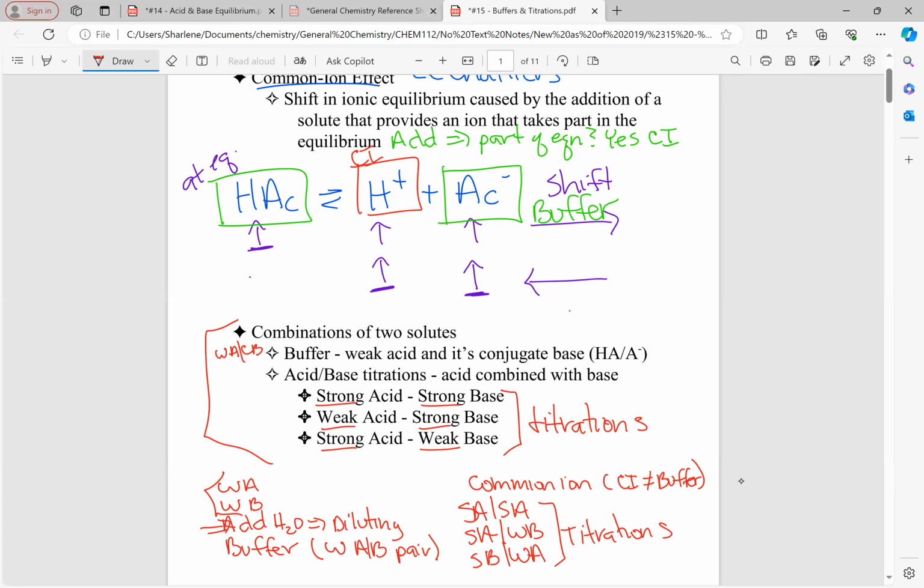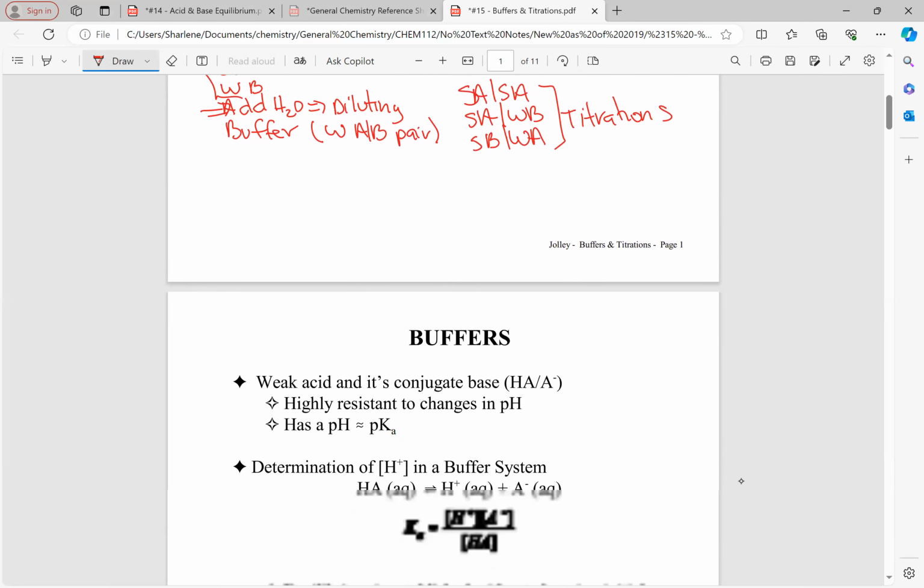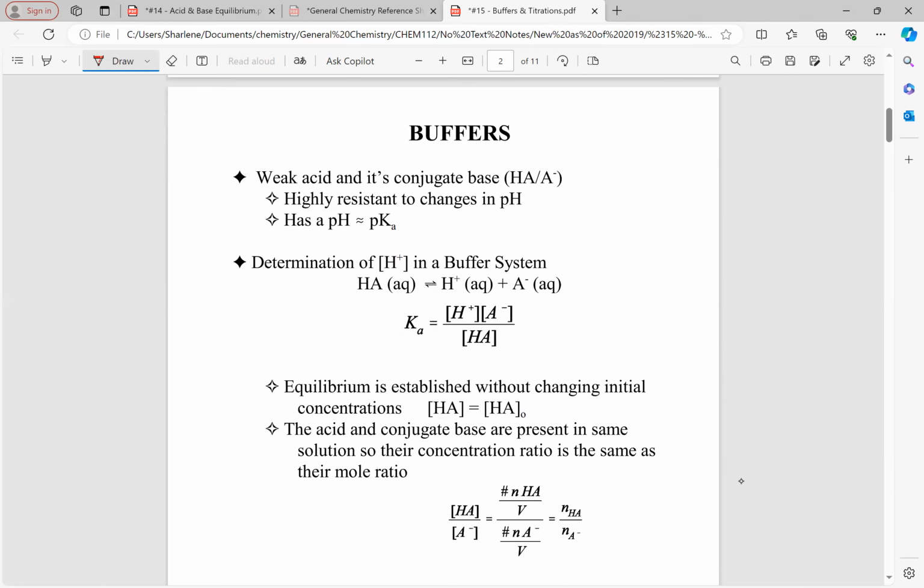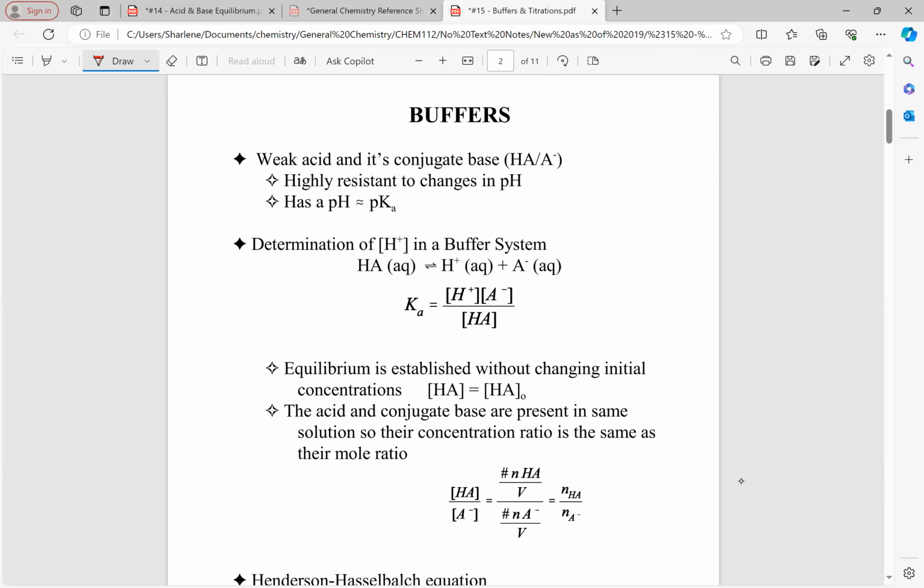And let's try the buffers. All right, what in the world is a buffer and what is its purpose? Okay, it is a weak acid and its conjugate base pair, or a weak base with its conjugate acid. You can have either. It's just the weak conjugate pair.